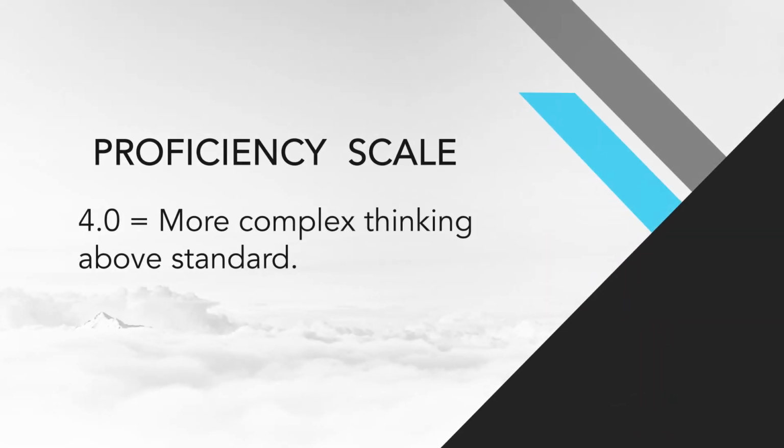A 4.0 item means it's any item that is a little more inferencing, a little more thinking, or combinations above standard. So if the standard says that the children have to recognize and apply a concept, a 4.0 item might be where they apply and evaluate the effectiveness of that concept.